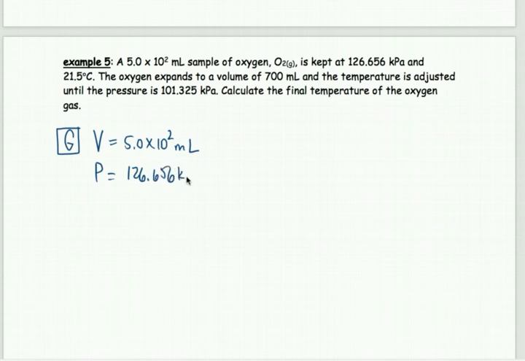There are other units of pressure out there, but we're just going to stick with kilopascals for now. But make your adjustments if you're in another class where they're using atmospheres or millimeters of mercury and so forth.